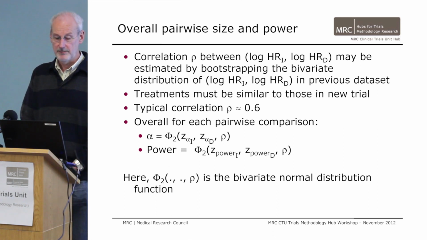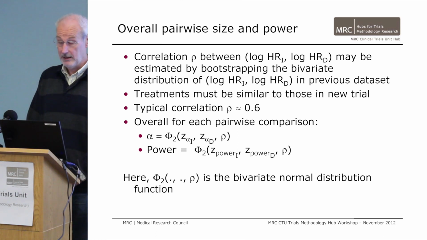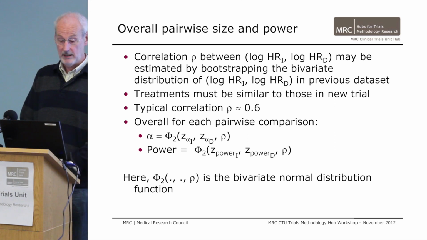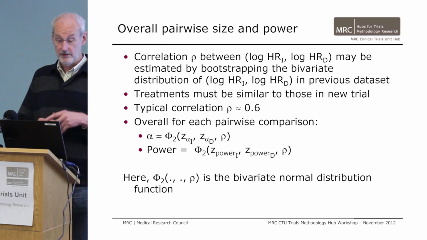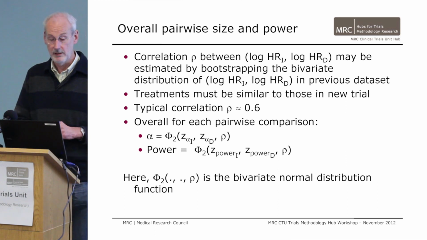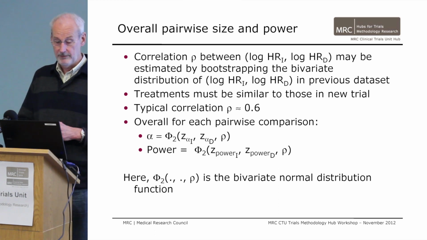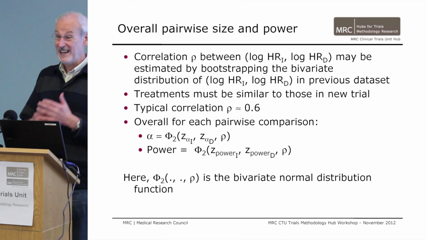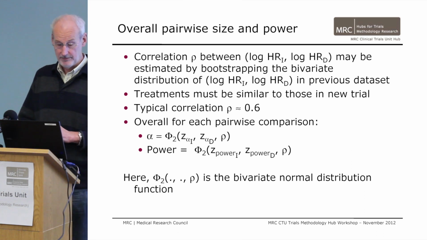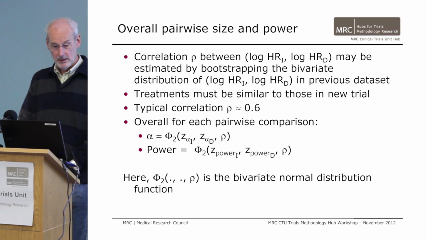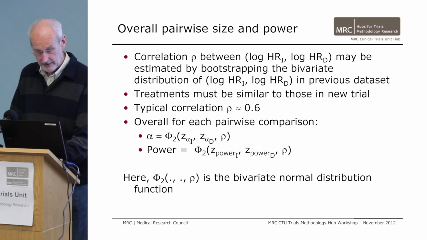Now, what that means is basically those z values are the normal equivalent deviates of the significance level in the intermediate outcome and the significance level for the definitive outcome, rho is the correlation. And it turns out that the area under the bivariate normal distribution function is the right expression for the overall significance level. This is assuming that the log hazard ratio estimates are normal, which they are, roughly. Similarly, for the power, we just substitute the normal equivalent deviates of the power calculation in there. So that gives us an overall type 1 error and so on.